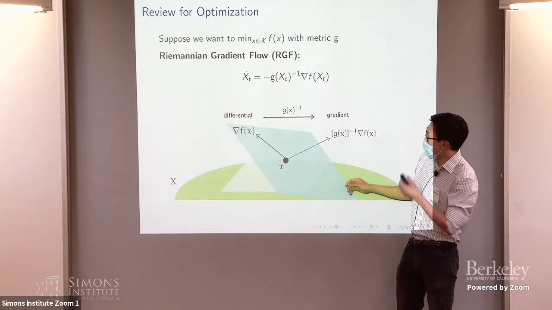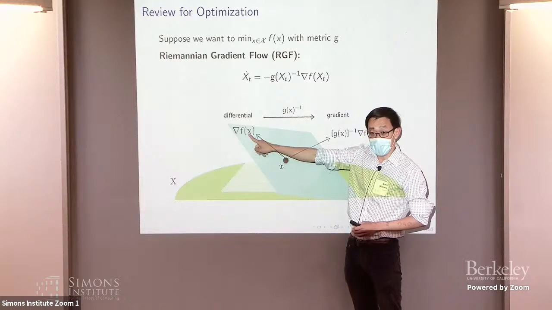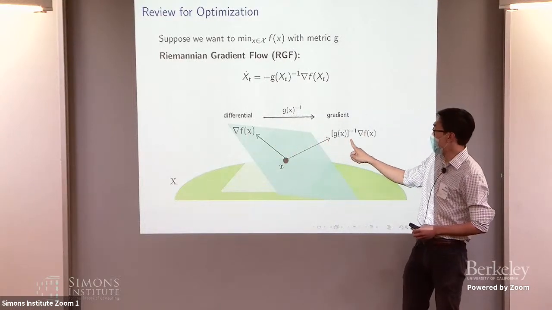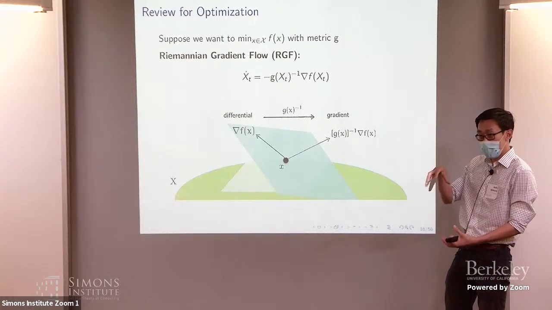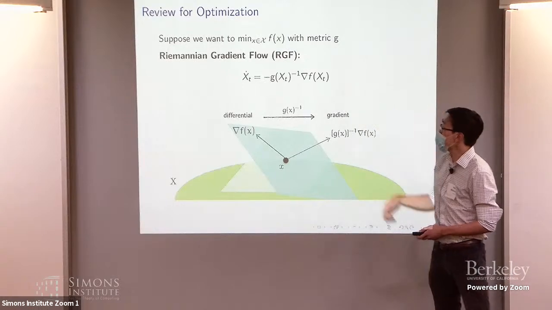Formally, the vector of partial derivatives is a differential in the cotangent space, and then you need to map it back to the tangent space by this inverse metric. But as an ODE in R^d, this is what the Riemannian gradient flow looks like.